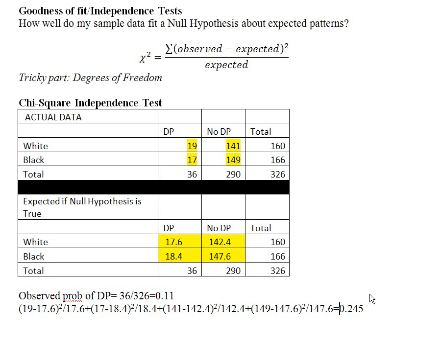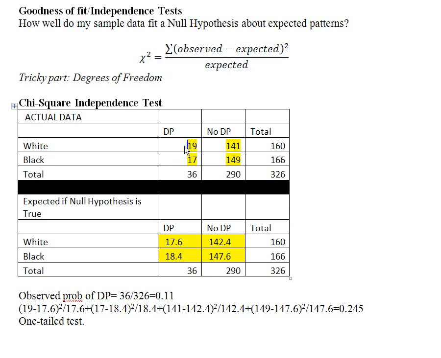Now what we need to do is figure out what our chi-squared critical is. In this case, chi-squared tests, goodness of fit or independence tests, are always one-tailed tests. Why? Let's look at the formula to see why it has to be one-tailed. Always look at a formula to see what this chi-squared statistic would be if the null hypothesis was true.